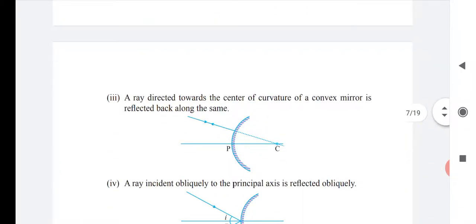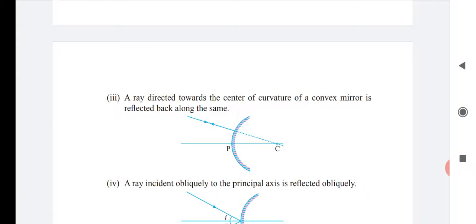The third rule: a ray directed towards the center of curvature. If you send a ray appearing to pass through the center of curvature, after reflection it will reflect back along the same path.